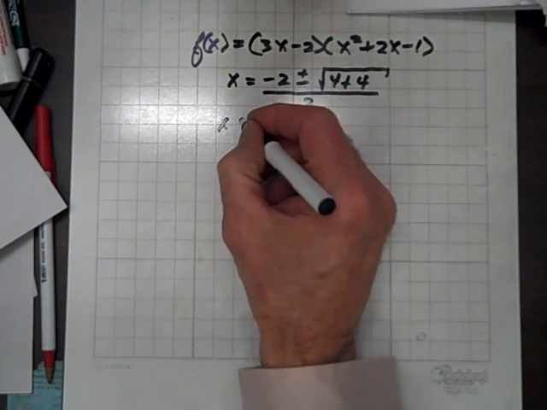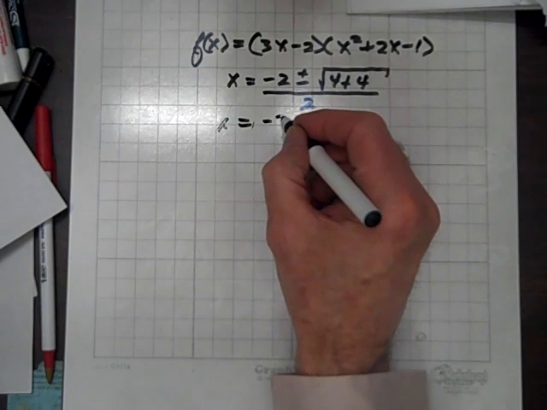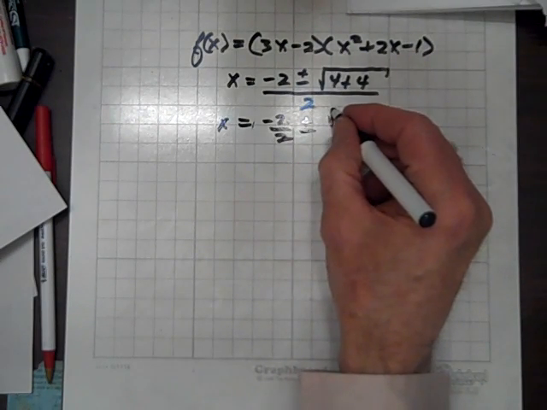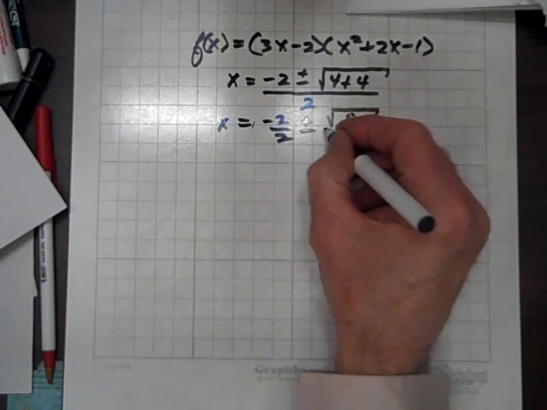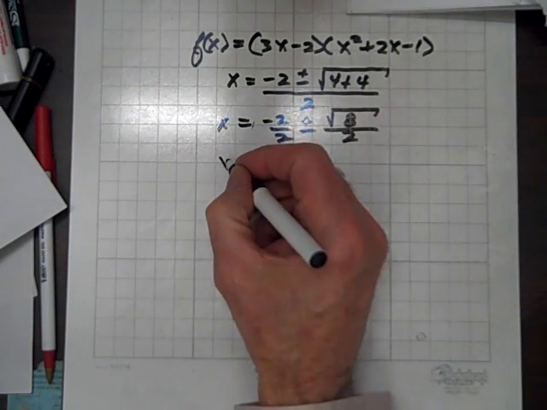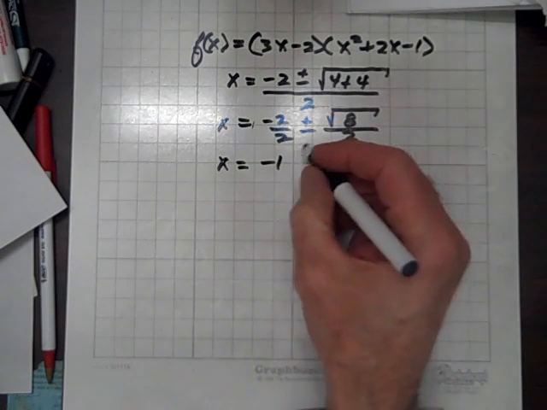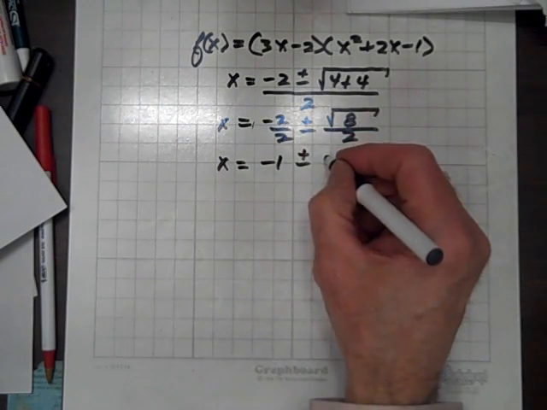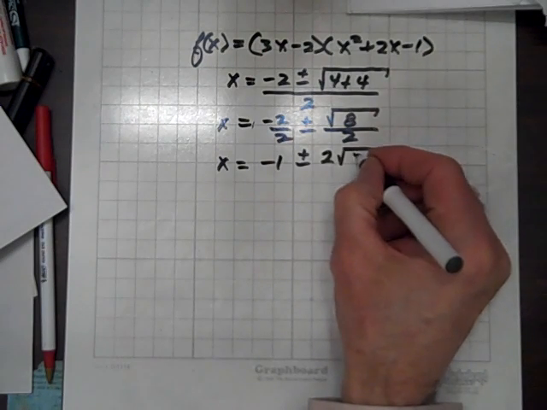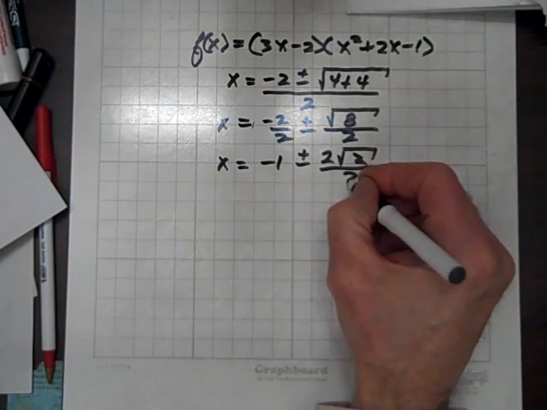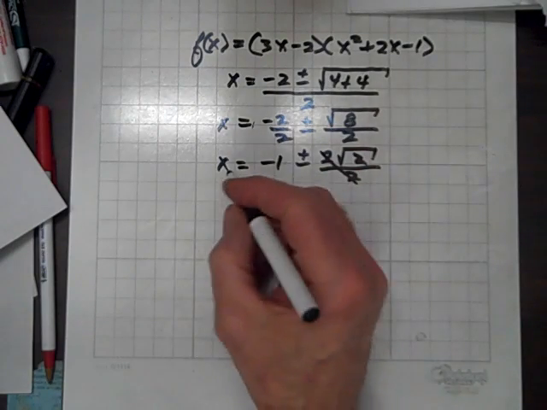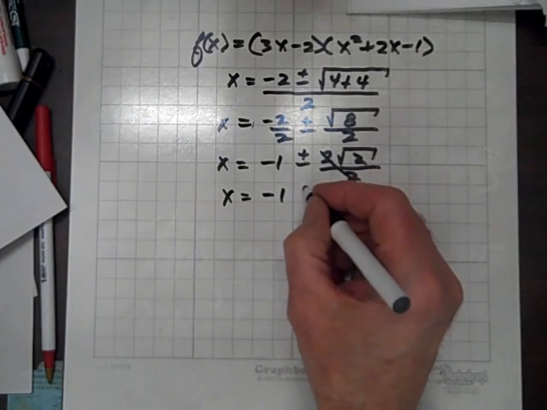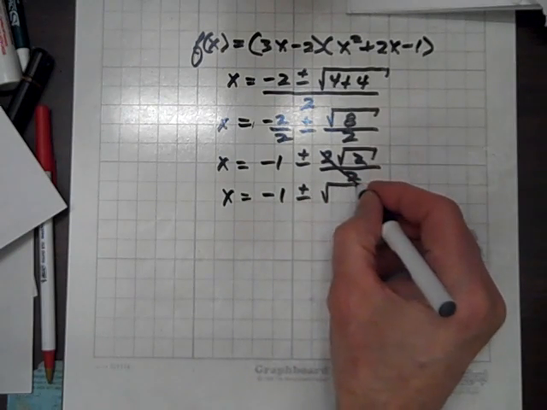So x equals minus 2 over 2 plus or minus the square root of 8 over 2. So x equals minus 1 plus or minus the square root of 8, which simplifies to 2 root 2, over 2, and the 2's divide out. So x equals negative 1 plus or minus root 2.